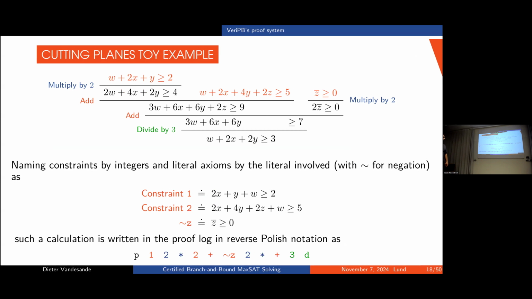And then this is just written down as a line of text in the proof. For example, constraint 1 is multiplied by 2, which is the first multiplication. We add constraint 2 to it. We have the literal axiom not C greater than or equal to 0. We multiply it by 2 and we add it up with the rest, and then we divide it by 3.